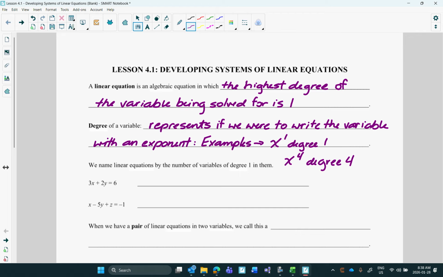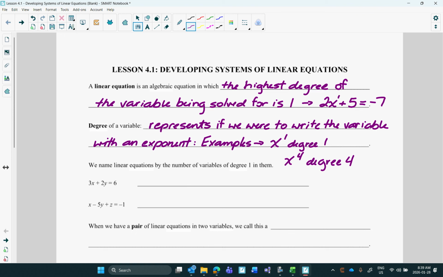You guys have been solving equations that have degree 1. So for example, if I said 2x plus 5 equals -7, that's a linear equation because if we look at the variable and write this with an exponent, it would be 1.